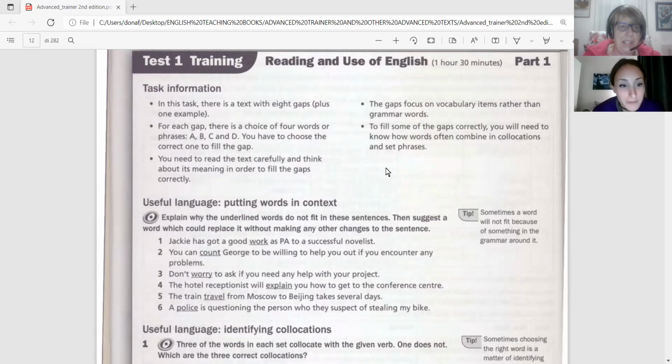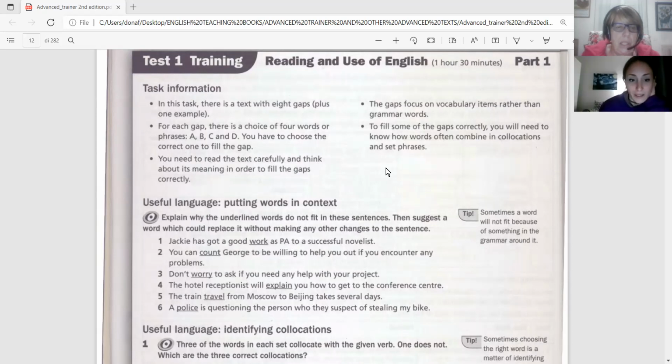Task information. In this task, there is a text with 8 gaps, plus 1 example. For each gap, there is a choice of 4 words or phrases, A, B, C, and D. You have to choose the correct one to fill the gap.